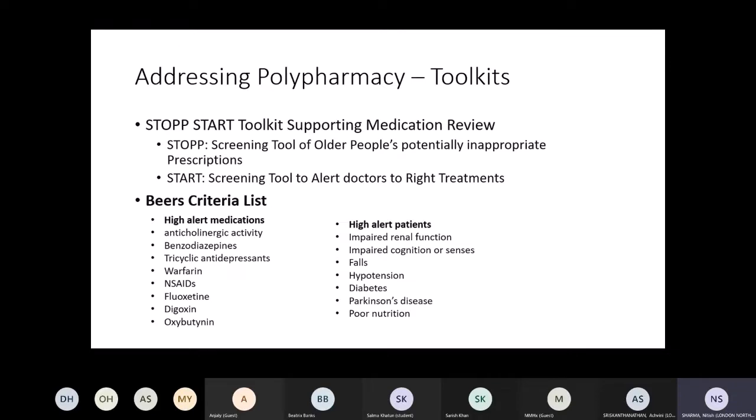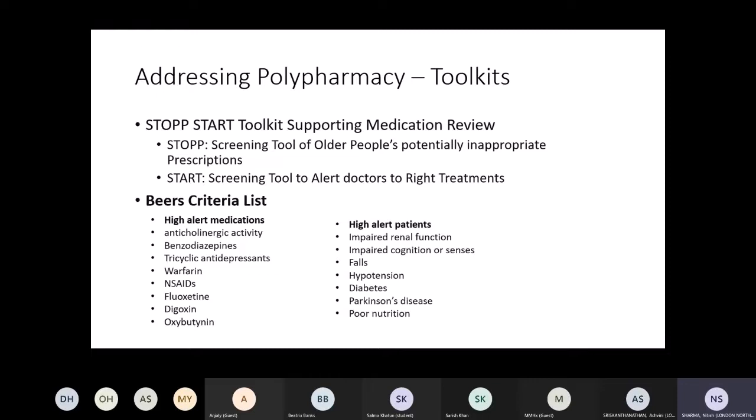Okay, so toolkits, as Ollie mentioned, the STOP and START screening tools, and there is Beers criteria. Beers criteria is basically identifying the high alert medications and high alert patients, and avoiding high alert medications in high alert patients.